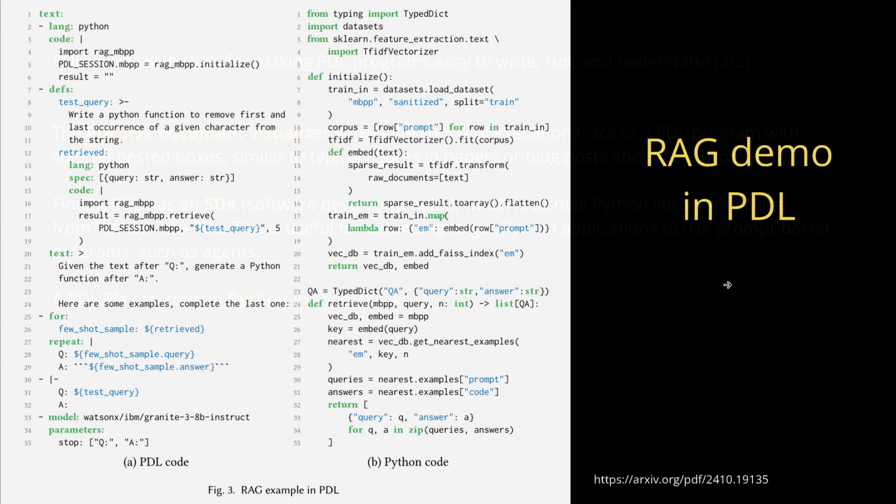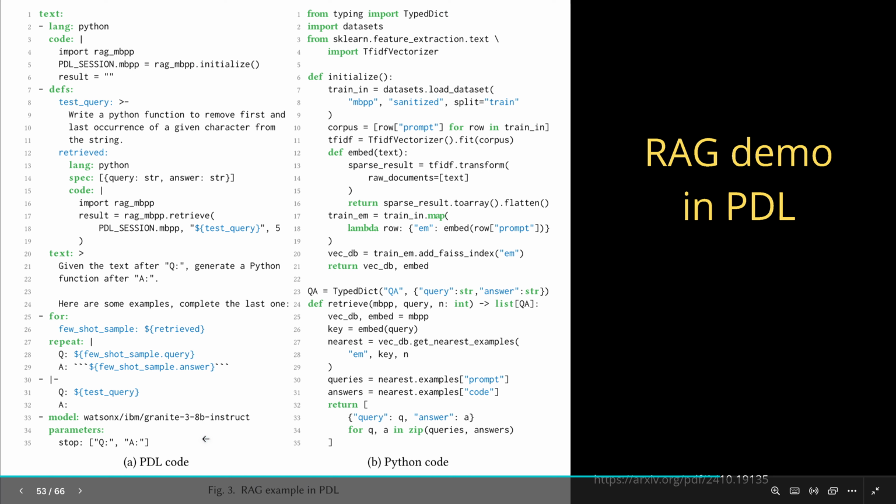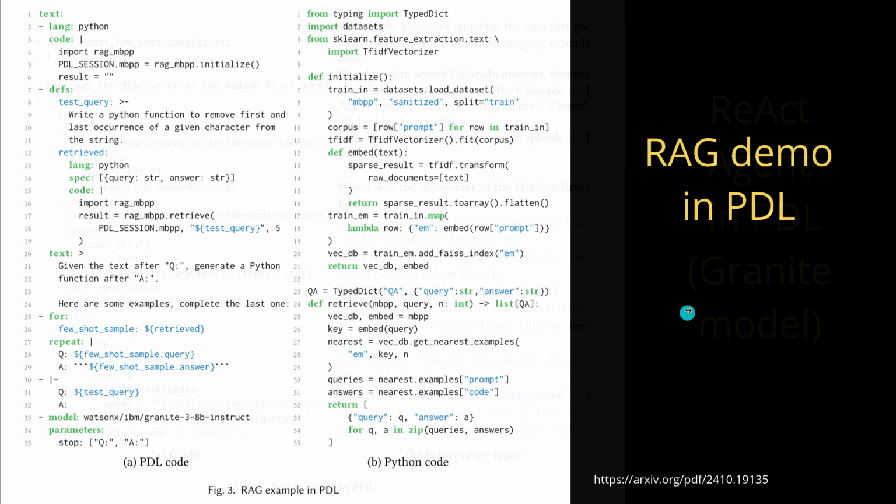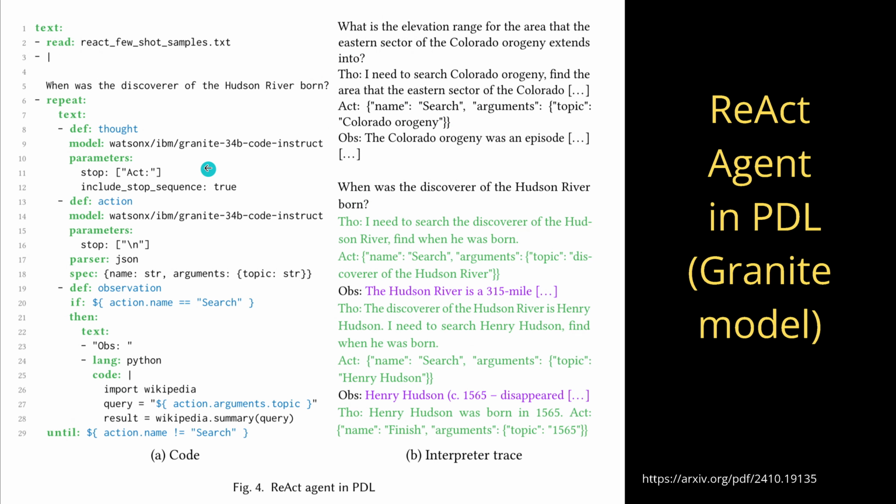Just to give you a hint what is coming, if you want the complete RAG example in PDL code, here you have it in Python code. This is PDL to give you a feeling, and it's also where I try to learn and understand what is going on here. Plus, if you have a React agent, here you have the new React agent in PDL.